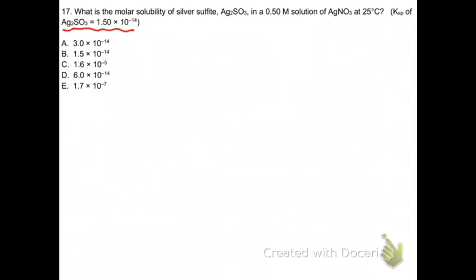And with KSP, are we making stuff or are we breaking stuff? That's right. With KSP, it's only gonna break apart into, in this case, silver, Ag+, and sulfite, SO3 2-.